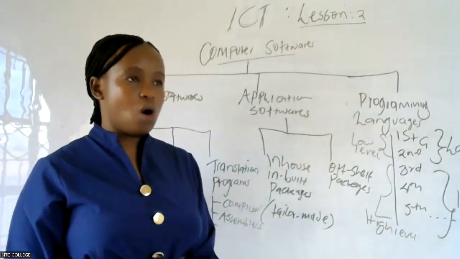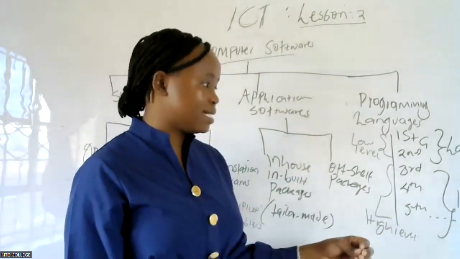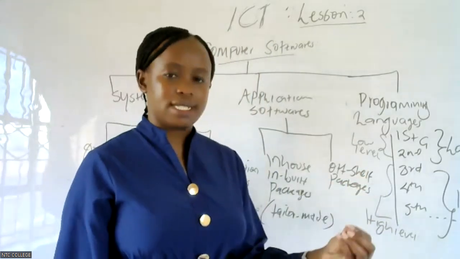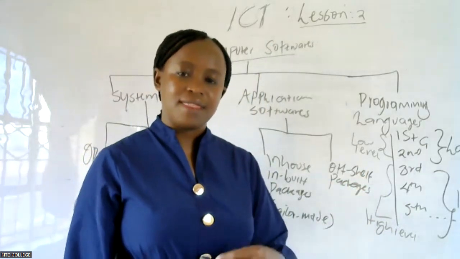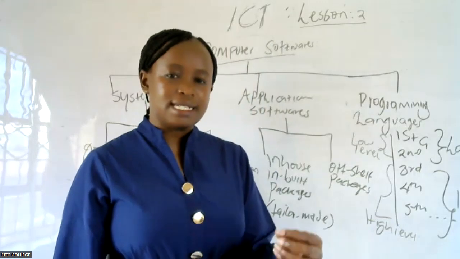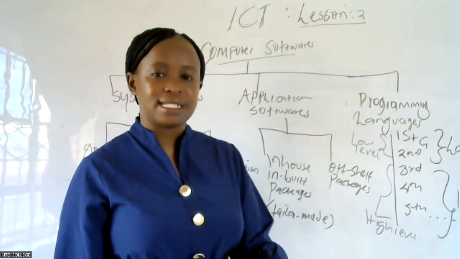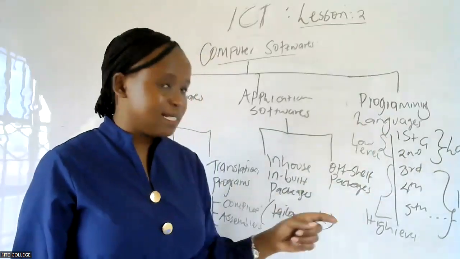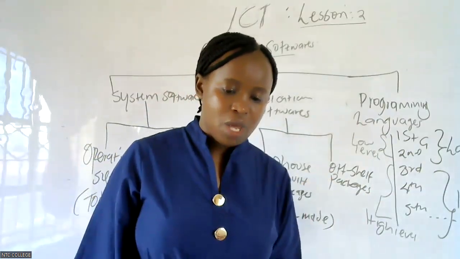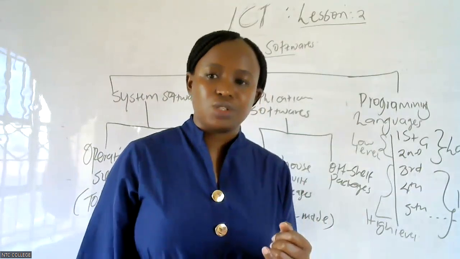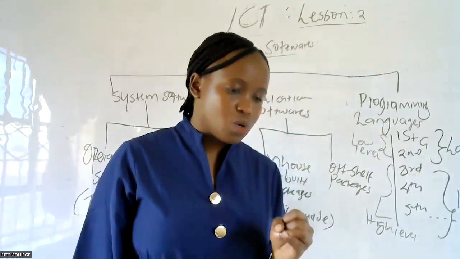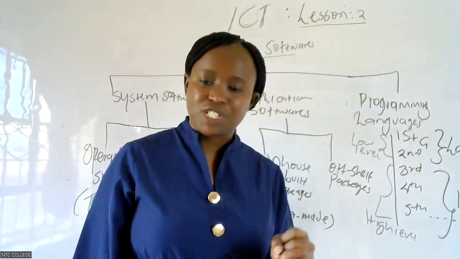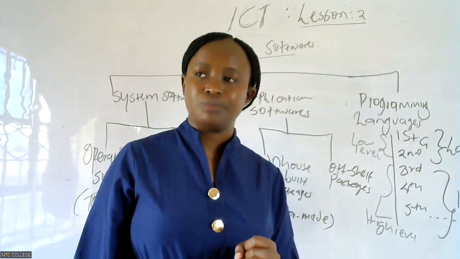So what we need to understand is what it takes to be a language under the low level, and what it is about languages in the higher level. So let's go with the first and the second generation. With the first generation, I've told you it was known as the machine language.